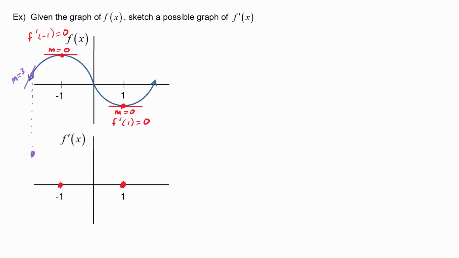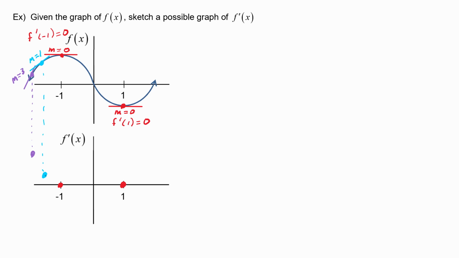Then maybe we would choose to pick a point about here. If we draw the tangent line there, maybe that slope kind of looks like we're going up 1 and over 1, so maybe that's a slope of 1. So we would come down here, that slope is 1.